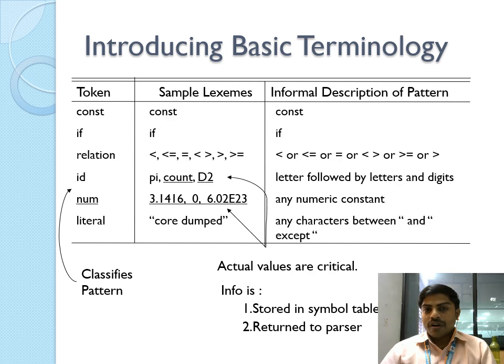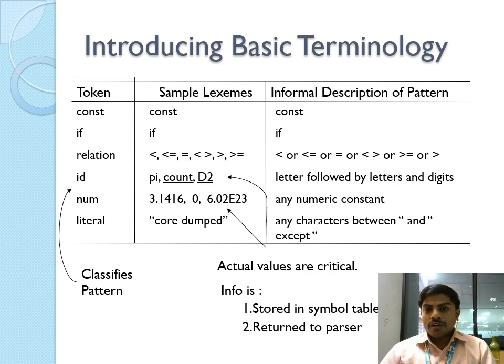Similarly, the second row as well. There is a lexeme called if. If it matches the pattern called if, it can be converted into the token called if. Again, it is a keyword if. Understand, there is a pattern on the third row. The pattern states less than or equal to, or any of the other operators.